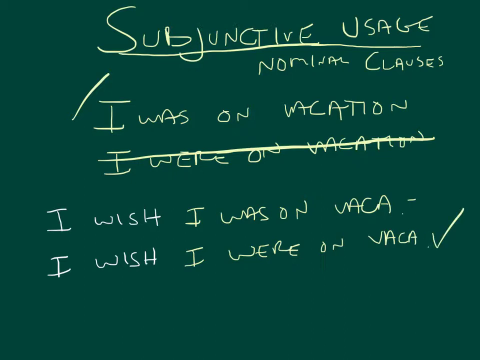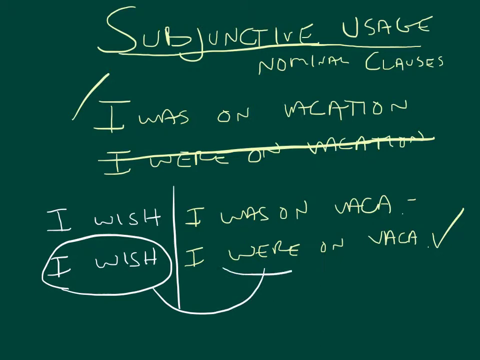It's this one. Because this phrase here, the I wish, this main clause, changes the was to a were. Obviously, this wouldn't work over here in the independent clause. But it does work here, because this I wish is known as the main clause, or the principal clause, if you can remember that from grade school.